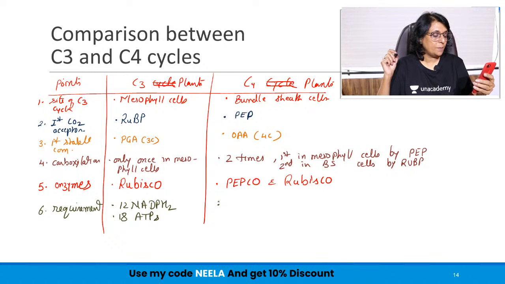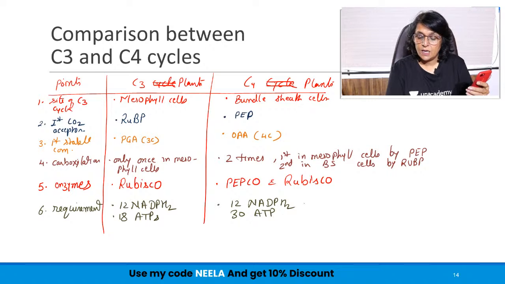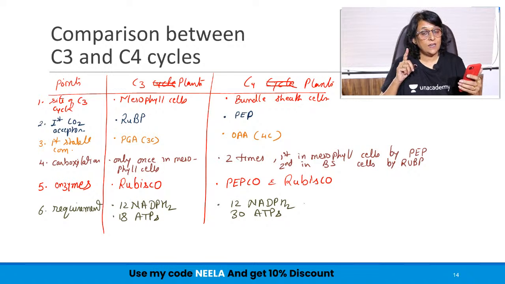Rahul, 12 NADPH2 and 30 ATPs. Reshma says 12 ATPs in C4, but what about NADPH2? Rahul, your answer is correct. It is 12 NADPH2 and 30 ATPs. So if you remember, in C4 cycle, there is an extra 12 ATPs required.